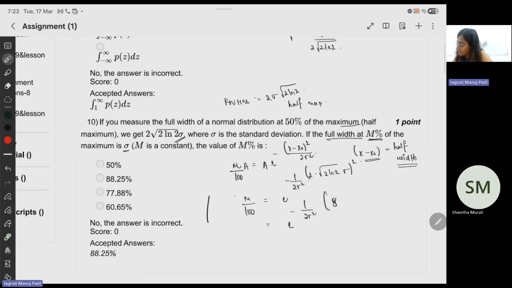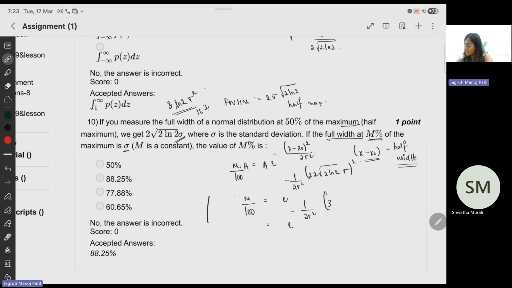Wait, are we doing the same thing again? Oh, I didn't write an extra 2 here this time. Yeah, 2 to the 4, 4 square 16. Why is it like this? This is right, 8 ln 2 sigma, right? The square of this term, sigma square. When you square this, you get 8 to the 16, and times 2 also, because 2 square also.